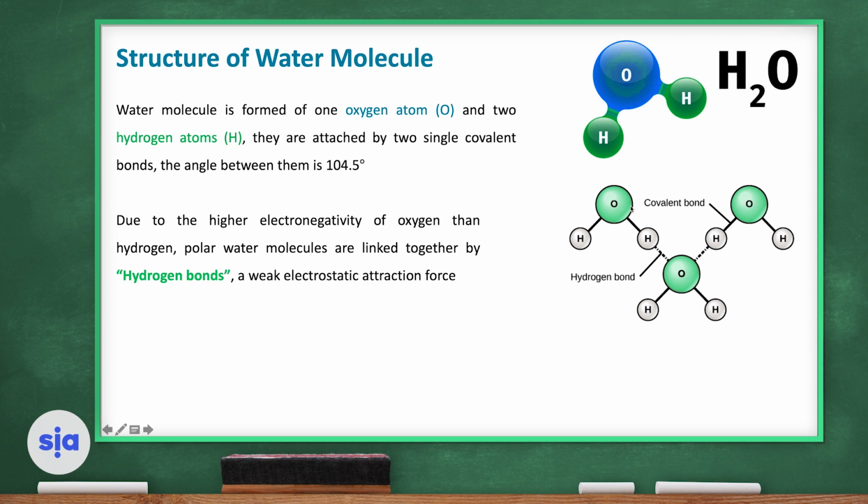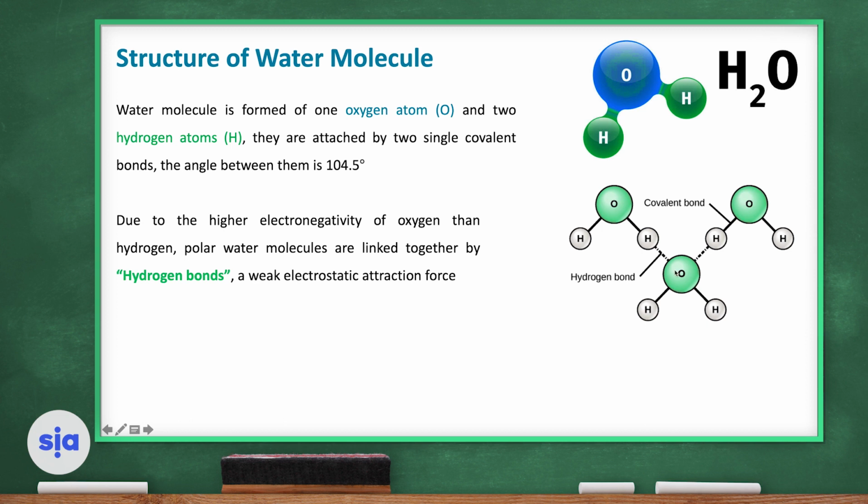While each water molecule is attached to another water molecule by a hydrogen bond. So in the same water molecule, oxygen and hydrogen are bonded by a covalent bond, while between two water molecules there is a hydrogen bond.